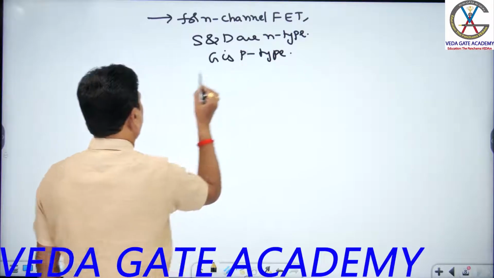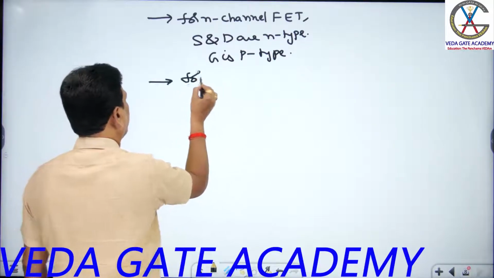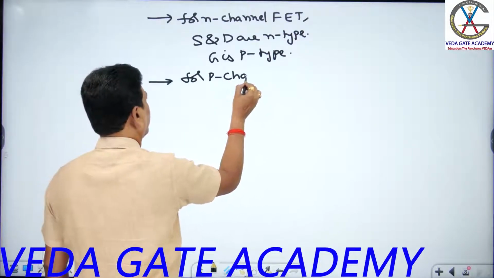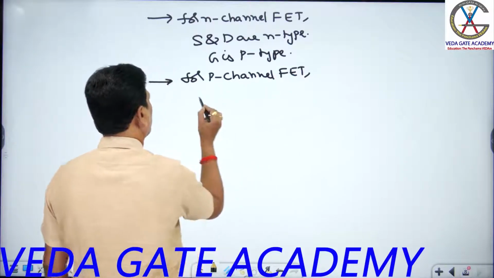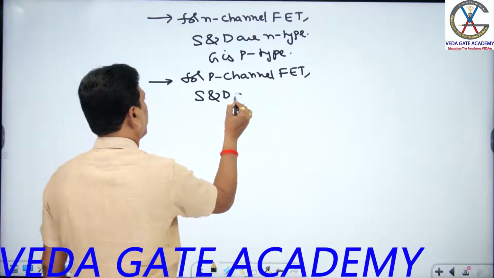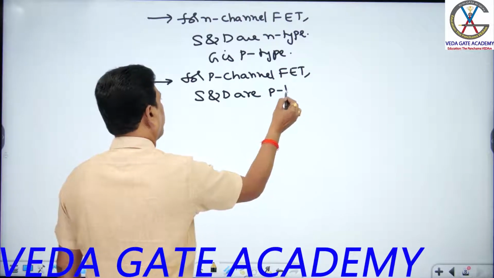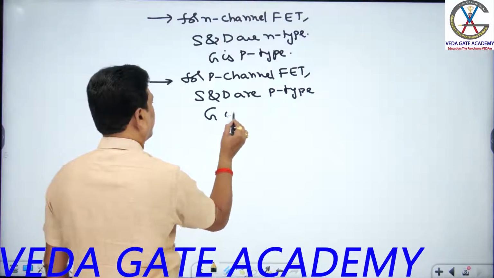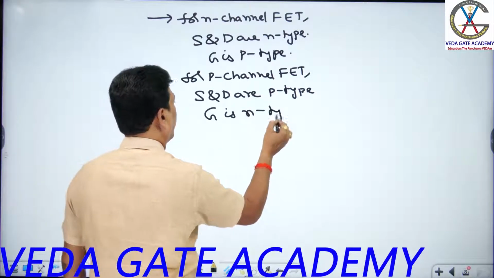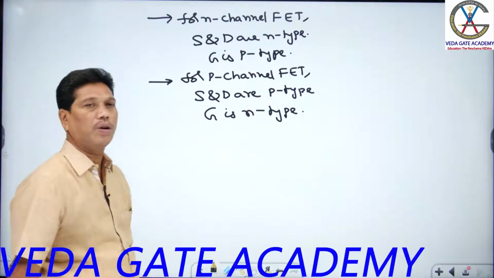Confirm? If I go for P channel FET, students, source and drain are P type. And gate is what, sir? N type you can call. This is the condition, students.